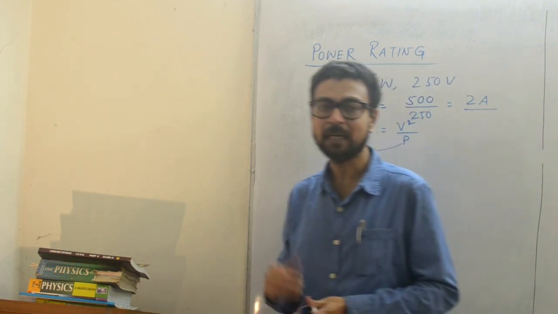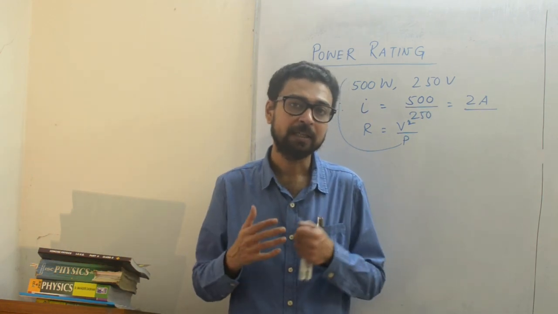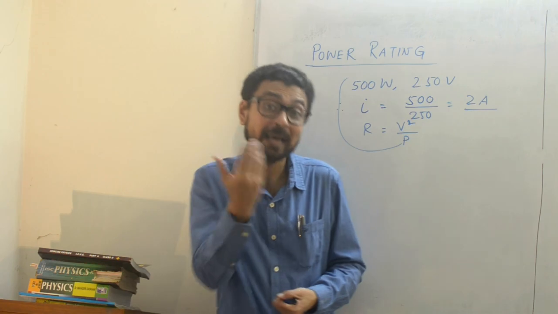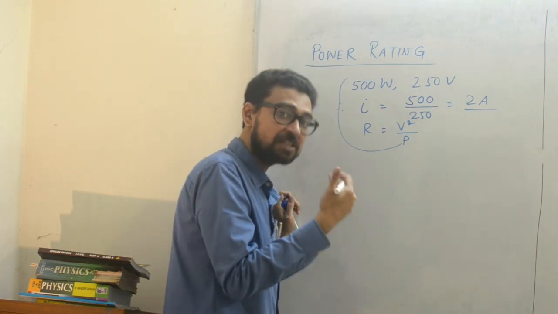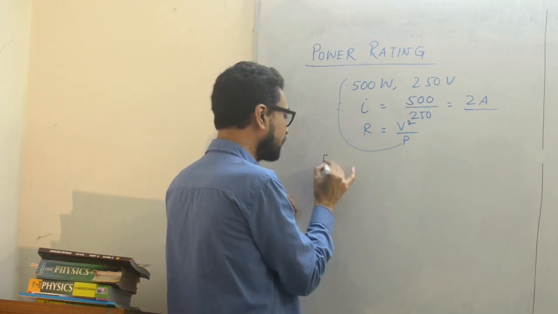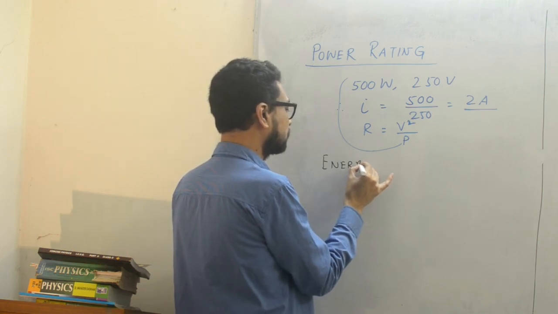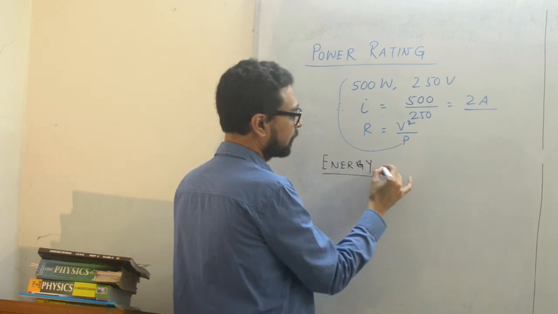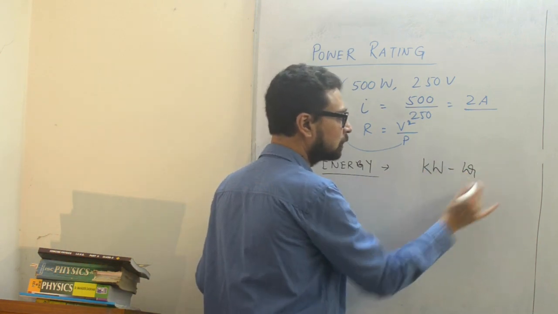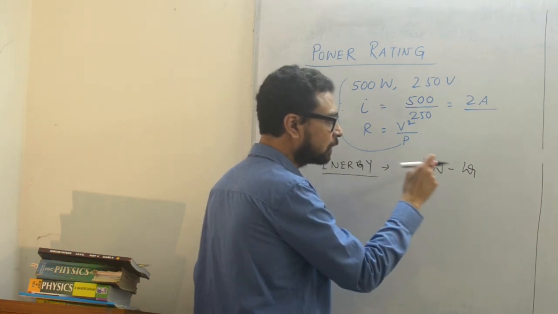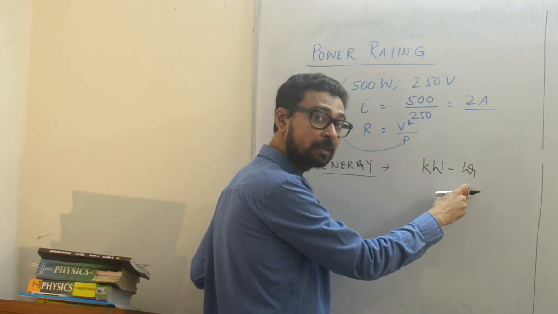But more important is how we industrially, or whenever we are consuming electricity at our home, how we pay for it, and that is called the power consumption, which is energy in the industrial unit. We call it kilowatt hour. What is kilowatt hour? It is the total amount of power consumed in kilowatt for a duration of 1 hour.